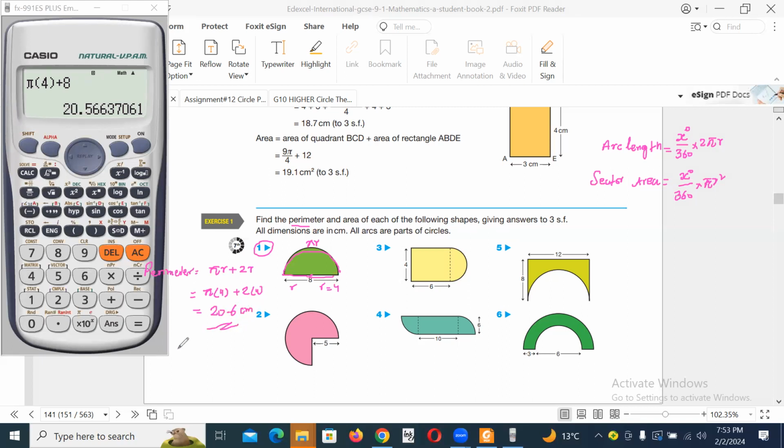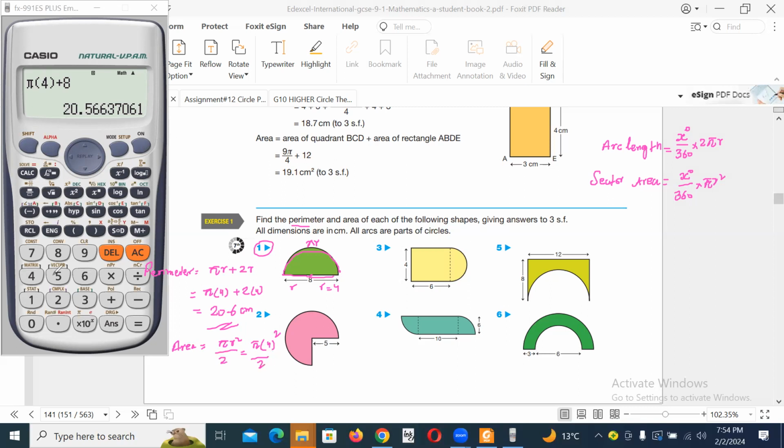This is the first part, and then they want us to find the area as well. Area of a semicircle: the area of a circle is pi r squared, so divide by 2. We know r already, r is 4, so 4 squared over 2 times pi.